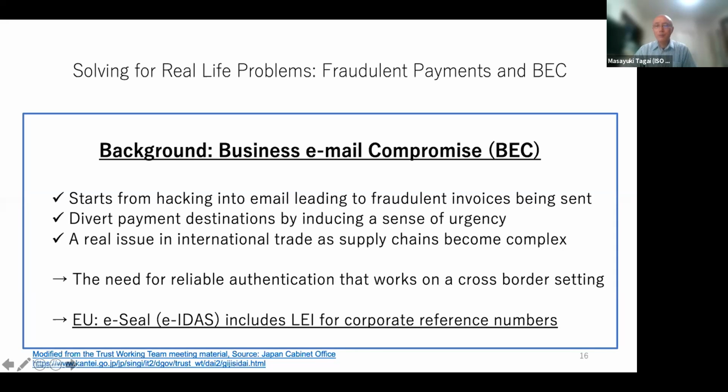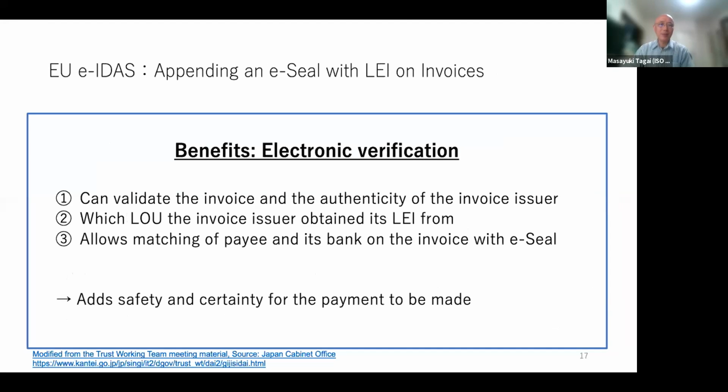And we're working with the European Union to include LEI for corporate reference numbers. And if we could move on to the next slide, the way it works is that this eIDAS approach is really electronic verification of an invoice. And so the verification entity sits between the buyer and the seller, and also sits amongst the buyer's bank and the seller's bank.